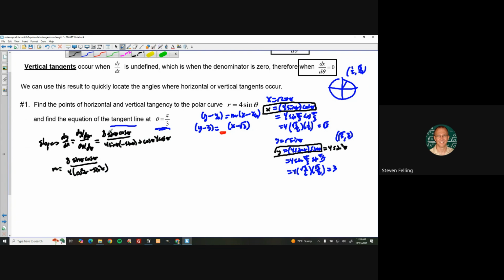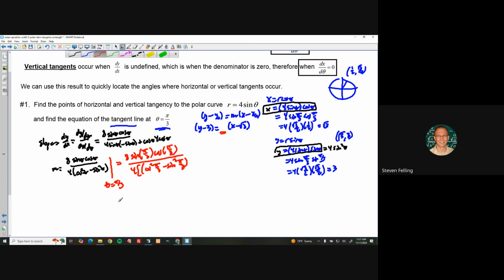All right, so now I want to evaluate this at the particular theta, pi over 3. So this is going to end up being 8 times the sine of pi over 3 times the cosine of pi over 3, and then divided by 4 times the cosine of pi over 3 squared minus the sine squared of pi over 3.